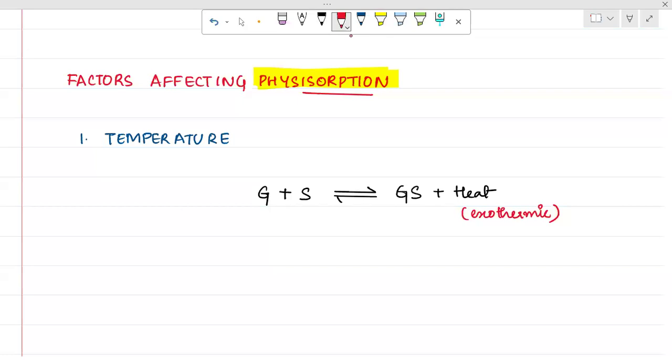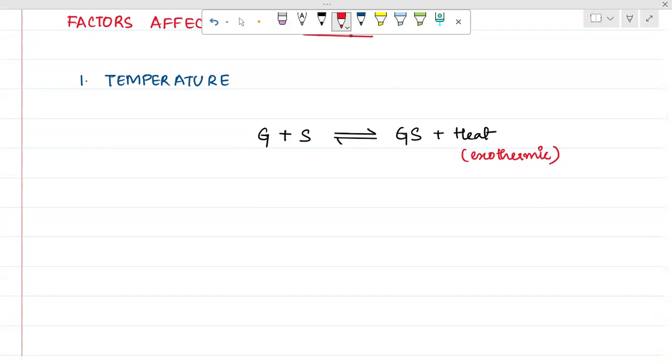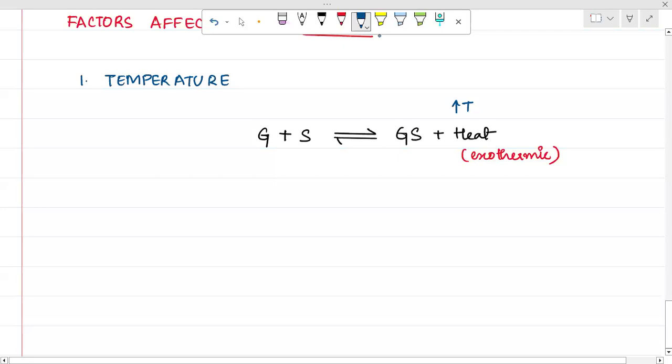Now, in the comparison table, we said that as temperature increases, physisorption decreases. Why? Because, see, according to Le Chatelier's principle, if you increase the temperature, what happens? Now, see, already this is an exothermic reaction. So, for exothermic reactions, if you increase the temperature, temperature is a form of heat.